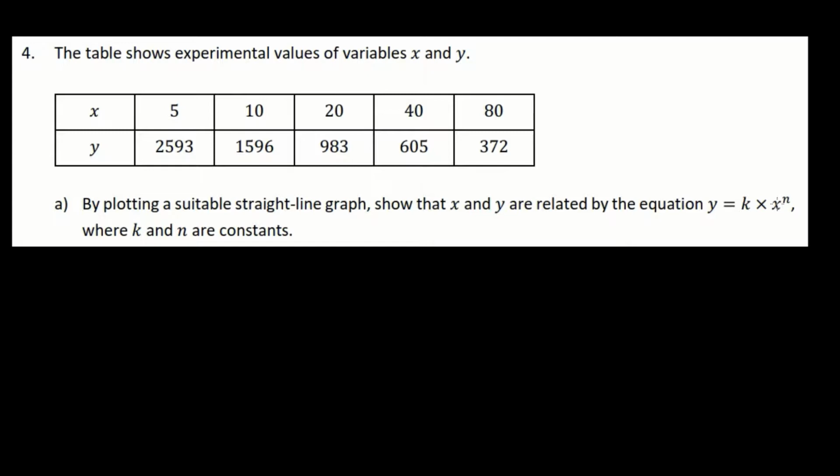From this question, what you need to do is, when you look at this equation, it cannot be a straight line graph. So the first step is to convert this curve into a straight line first. So y equals k multiplied by x to the power of n. Let's take natural logarithm as well.